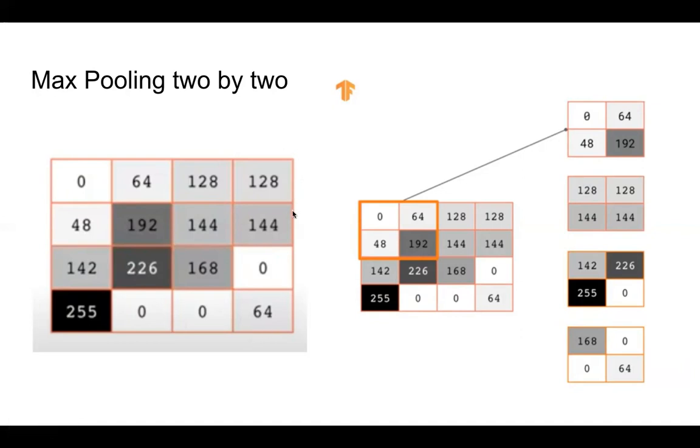And what I mean by max pooling 2x2 is that we reduce our image by 2, and then we take the maximum value from this reduced image size, right?